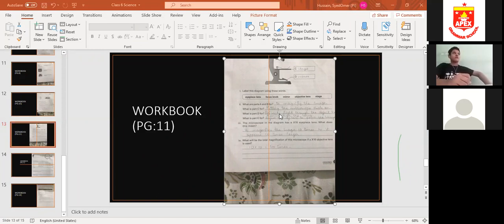Okay, I will tell you. It reflects light because it is a mirror. So obviously a mirror's function is reflection. It reflects the light, and it focuses the image through the objective lens and then through the eyepiece lens. So write down the answer.